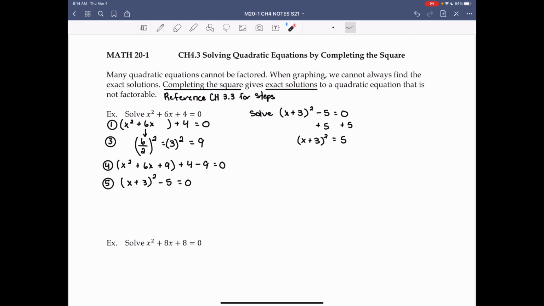So we have to account for both cases by doing plus minus the square root of x plus 3 squared equals plus minus the square root of 5. Then on the left side, we can just drop the square root and the squared, and we just have x plus 3. On the right side, we have plus minus the square root of 5.